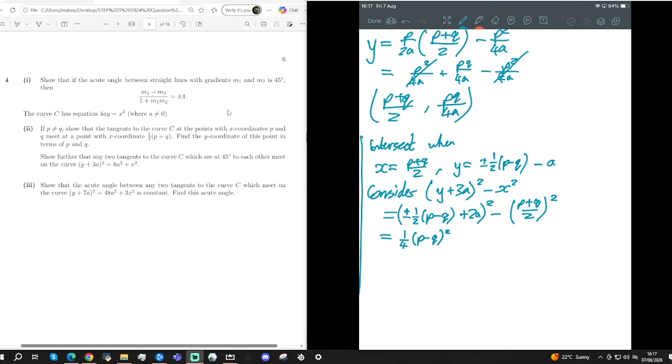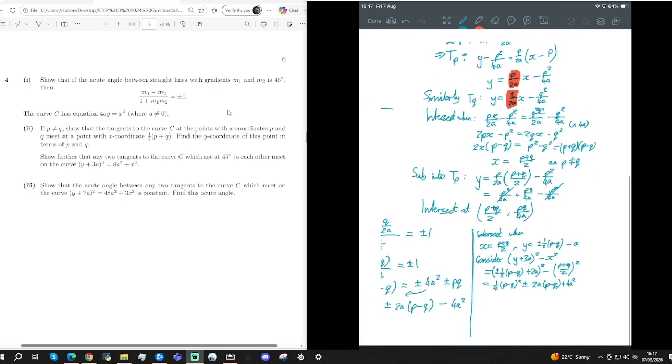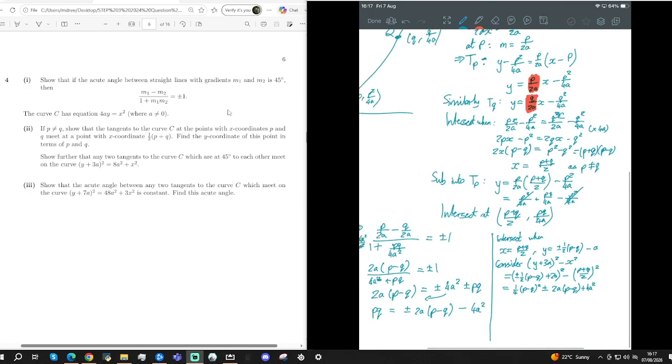When I multiply the two terms, I'm going to get plus or minus 2 lots of, and now that plus or minus on there is the one that I'm not happy with, because that can't just cancel unless I have to use this condition over here again.